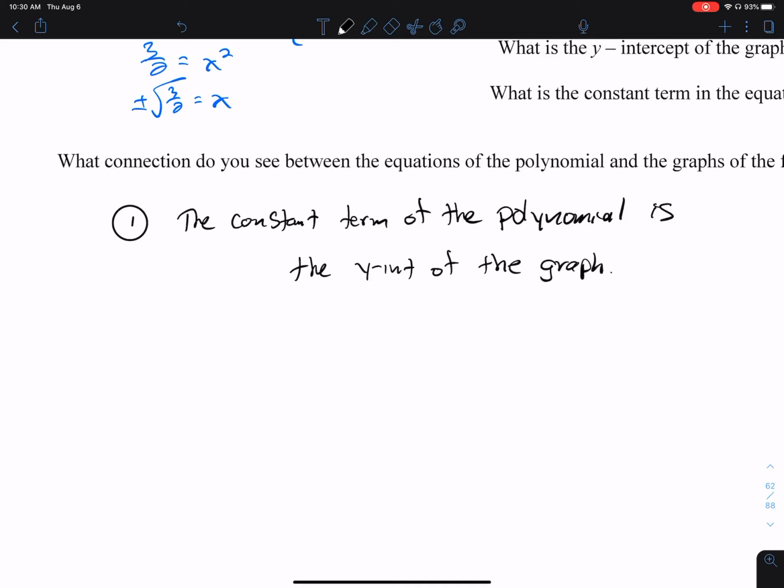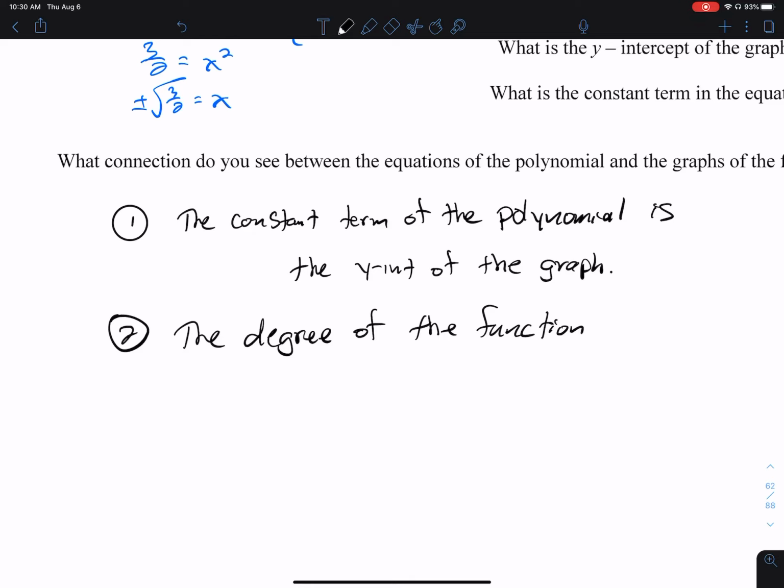We have found that in every case, those are not coincidences. 2, the degree of the function determines the maximum number of real zeros of the graph. I will show you what that means here in a moment.